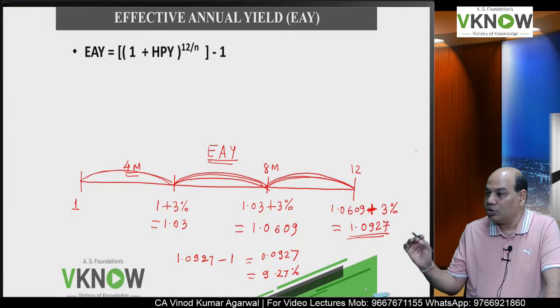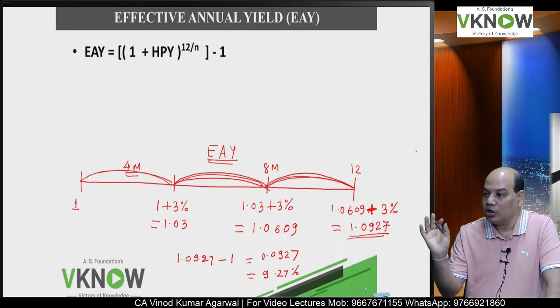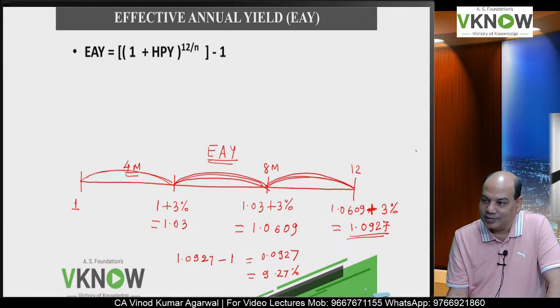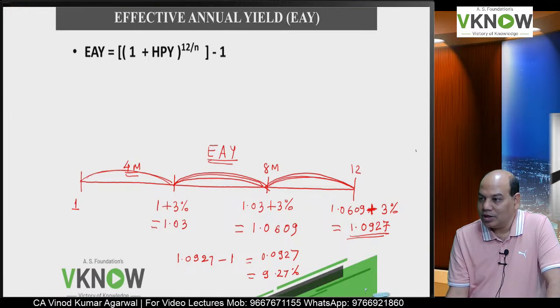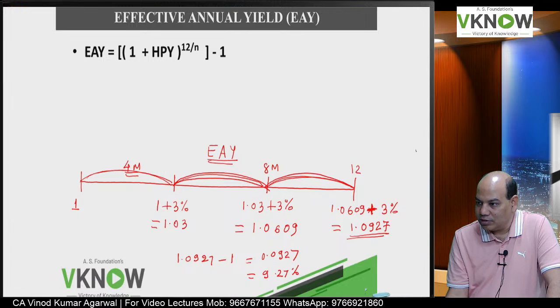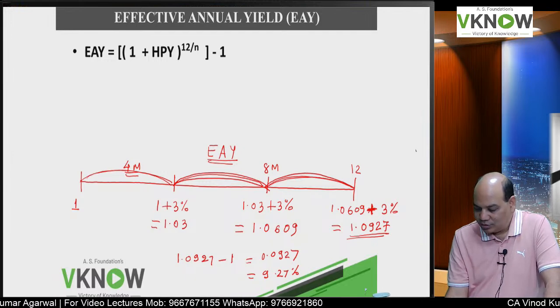This 9.27% is called effective return. I think in mathematics also there was some similar concept, when you were required to convert semi-annual return into effective annual return. Was it there in mathematics long back? Don't remember? Okay, no problem.